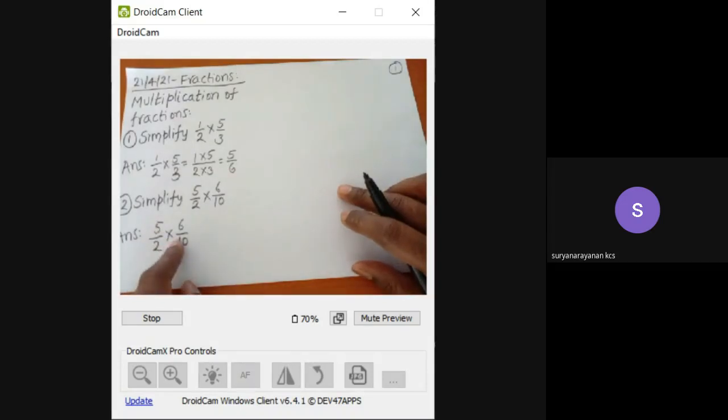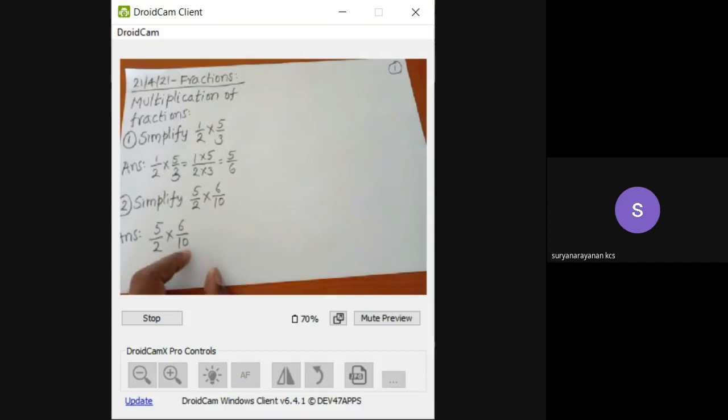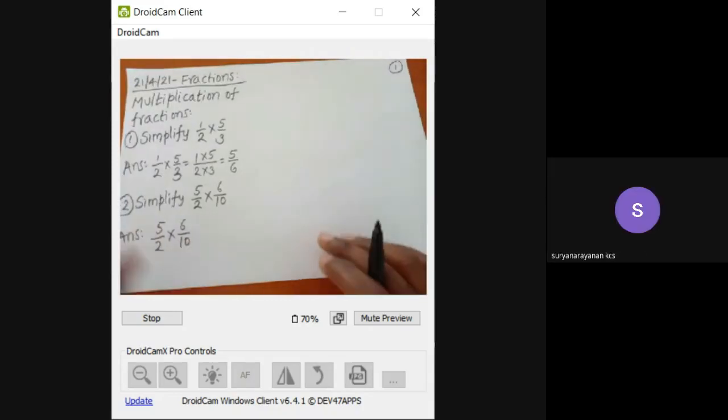How do you multiply these two fractions? Do you remember that? 5 into 6, 2 into 10. Very good. 5 into 6.